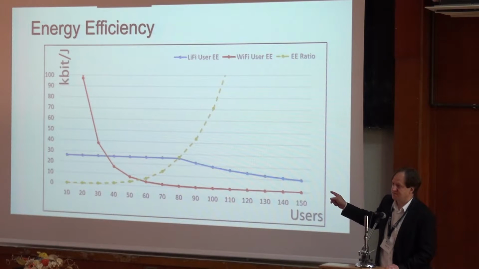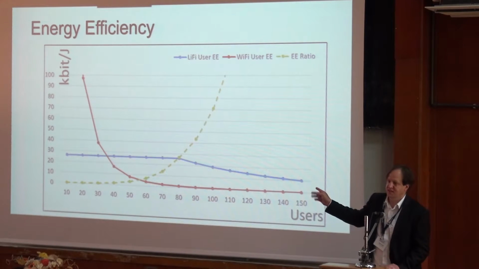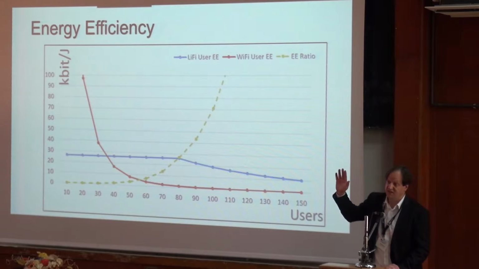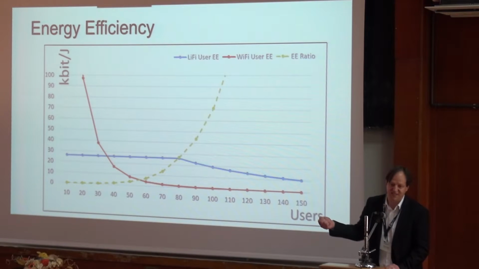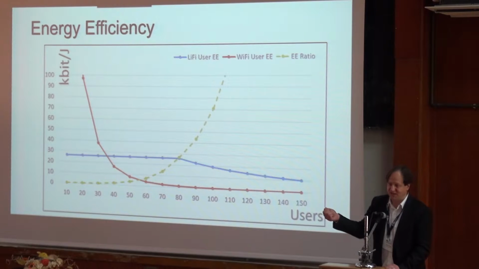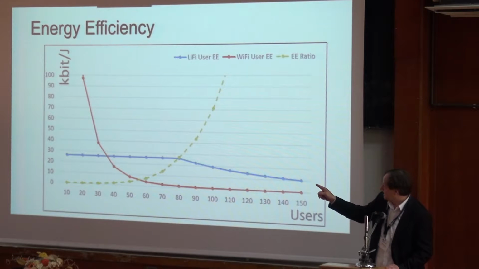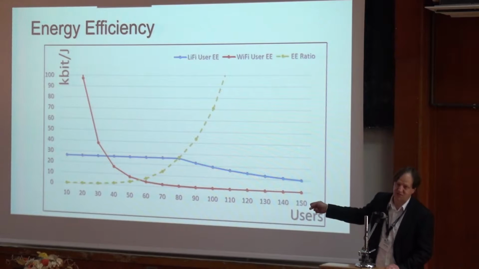First of all, for a low number of users, Wi-Fi has a much better energy efficiency because of the 1 gigabit per second data rate that we can get through. With a few users, there's less contention, less random backoff, and fewer retransmissions, and therefore there's very high energy efficiency with Wi-Fi. But it drops off very quickly because we come into the contention mode, random backoff, and retransmission states, which require energy.